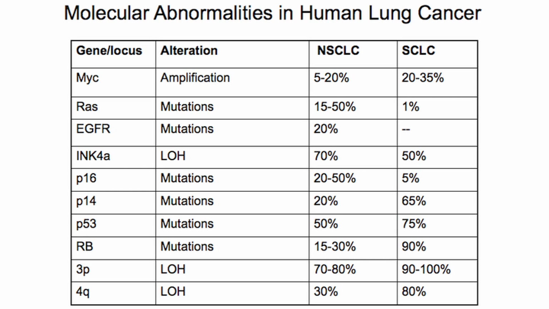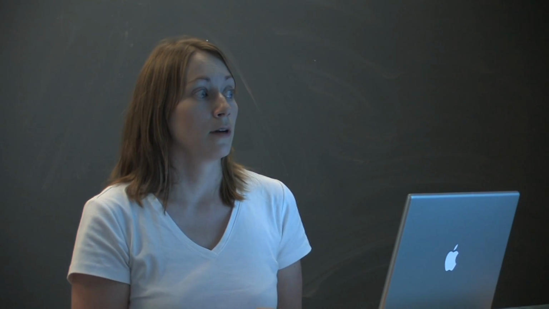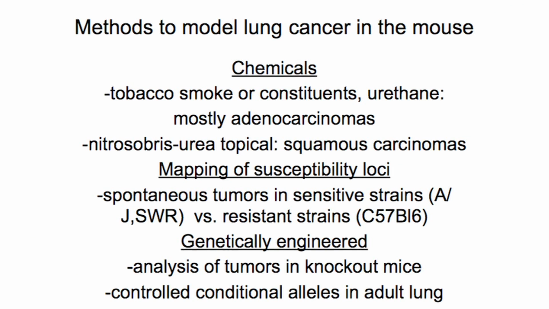So this then suggests that there are probably a diversity of cell types that might be particularly susceptible to a certain mutation, and somehow this combination of cell type and mutation leads to a particular type of lung cancer. And we really don't understand this process at all.